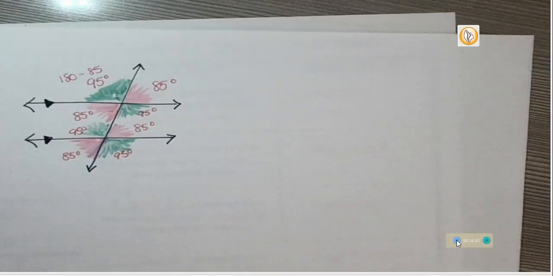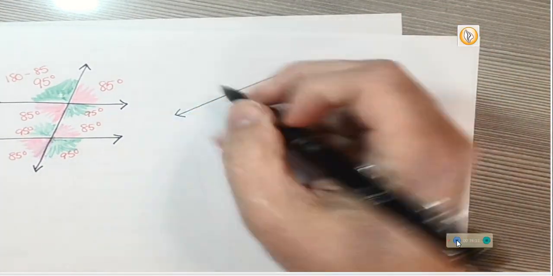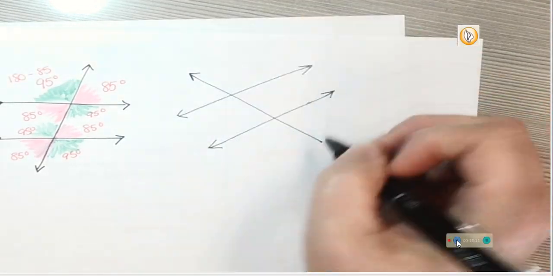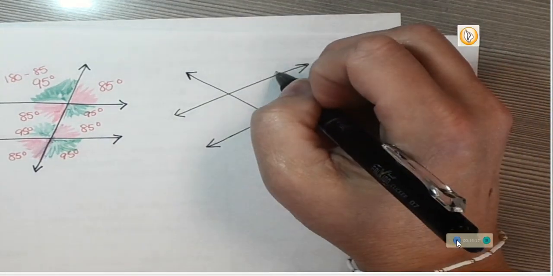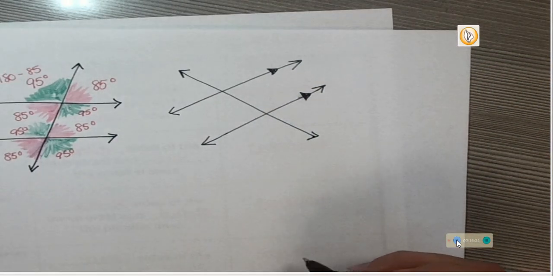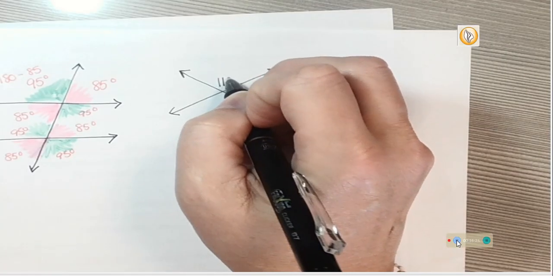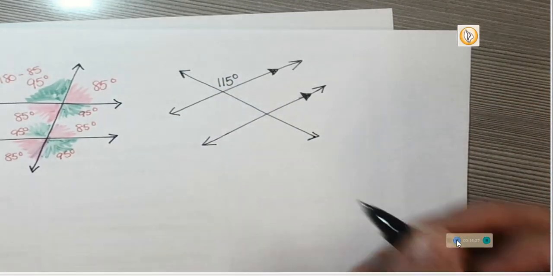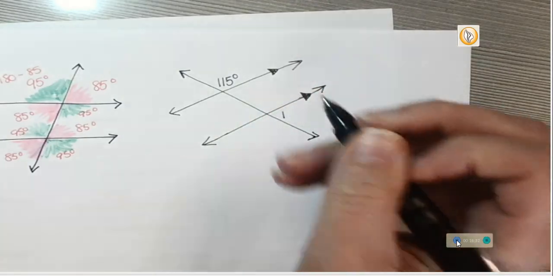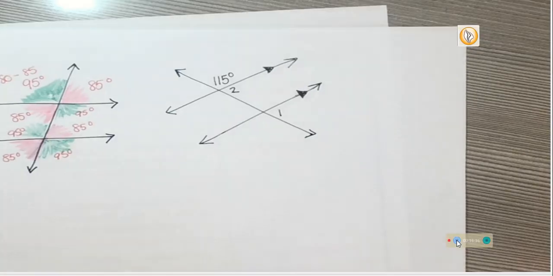Okay, what if I give you two parallel lines? You're not drawing, you're just looking and we're talking. What if I tell you that these two lines are parallel, I tell you that this one is 115 degrees, and I ask you to find me angle 1 and angle 2?